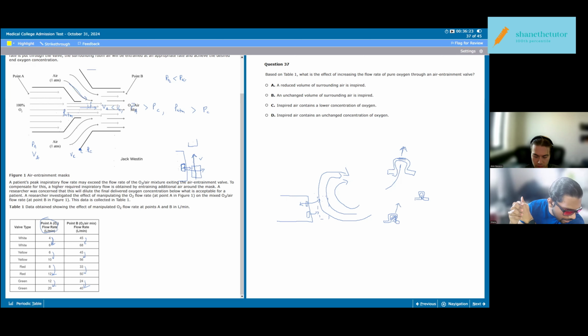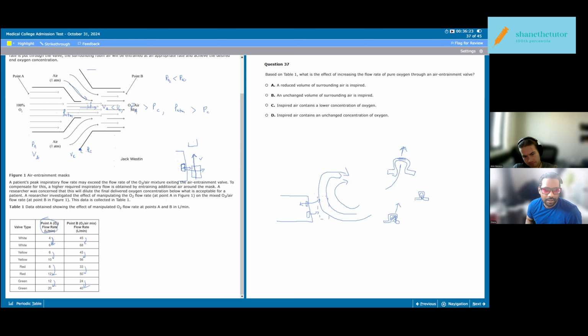So let's see. If we are increasing the flow rate of the O2 air mixture, that should cause... and we also talked about, if the patient's peak inspiratory flow rate exceeds the flow rate of the O2 air mixture, to compensate for that, higher required inspiratory flow is obtained by entraining additional air around the mask.